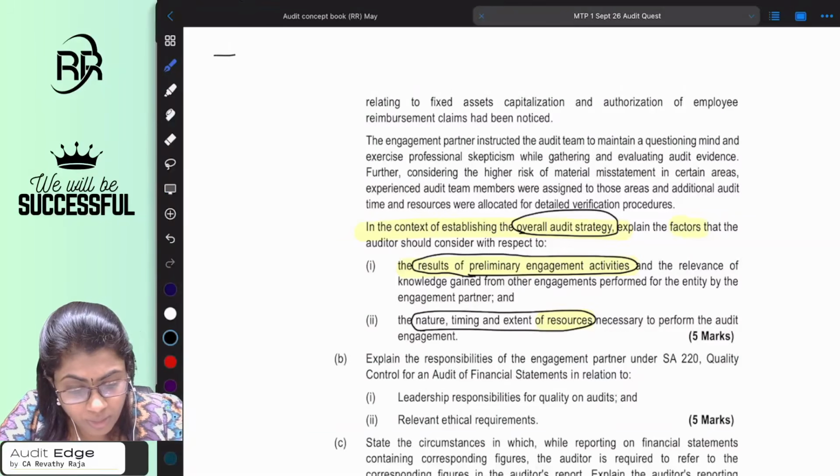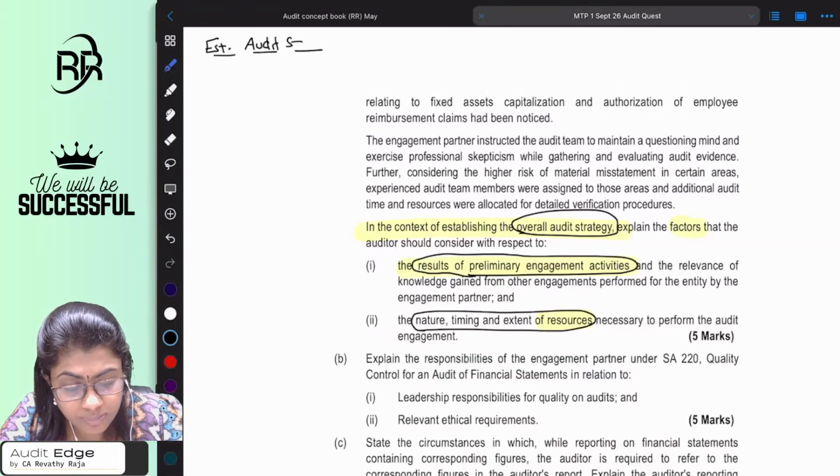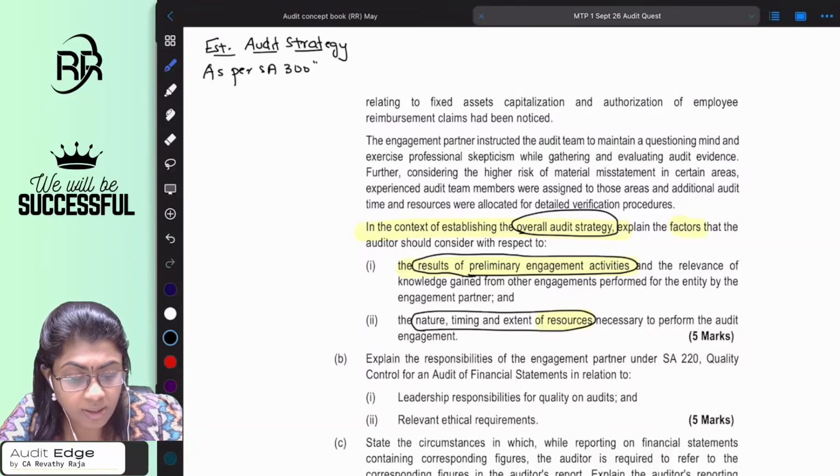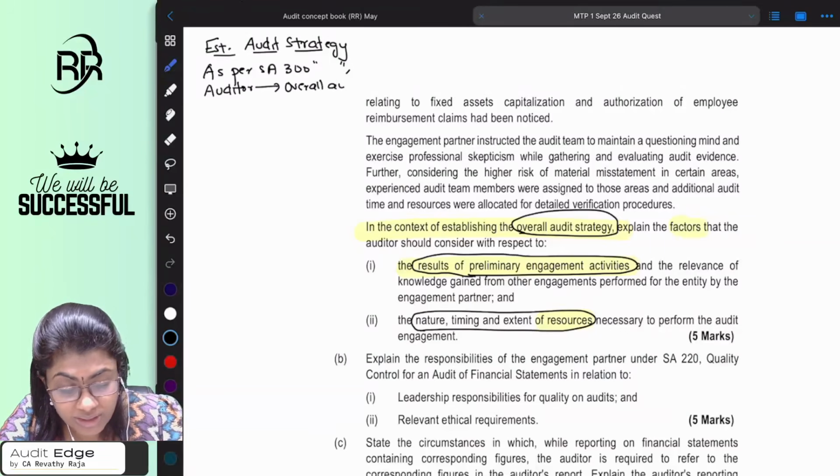Now you can put the heading, establishing audit strategy. As per SA 300, planning an audit of FS, the auditor shall establish an overall audit strategy that establishes what?